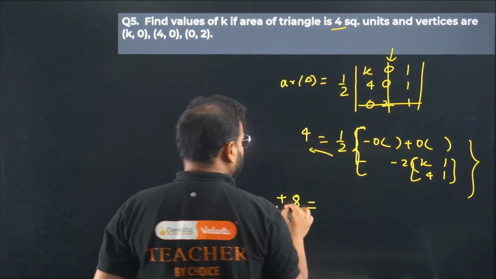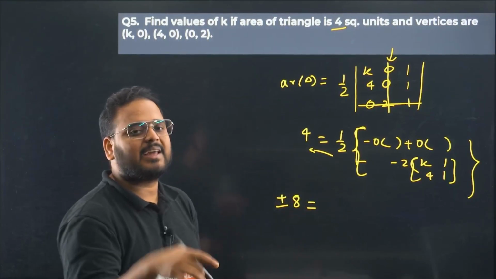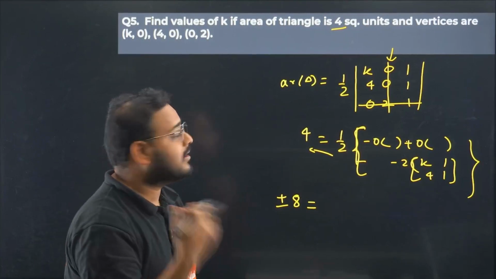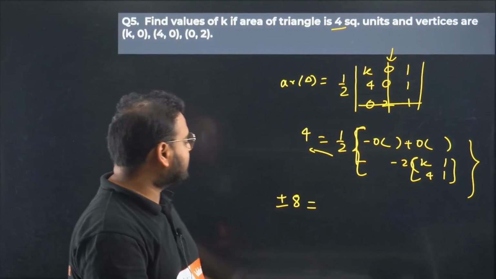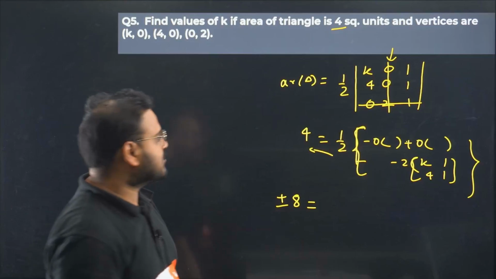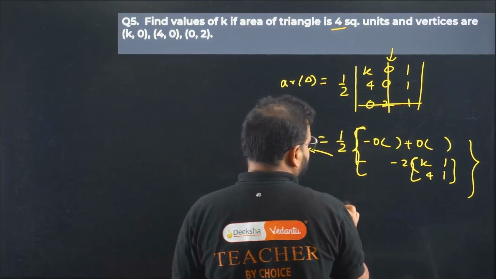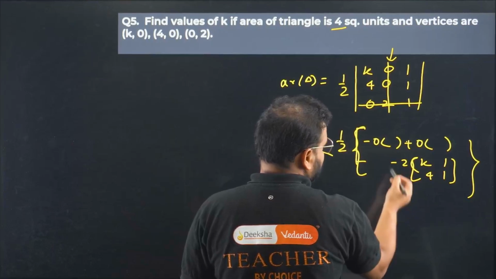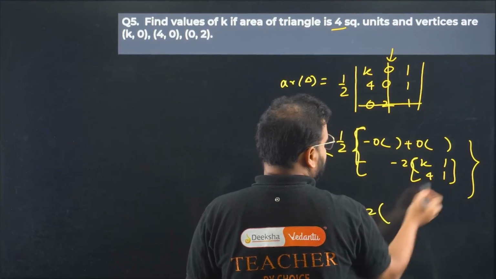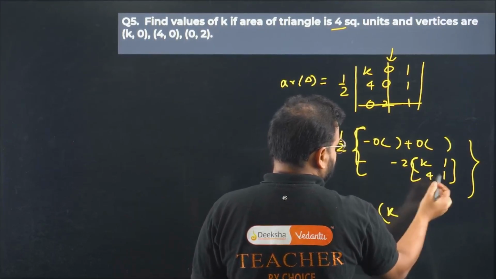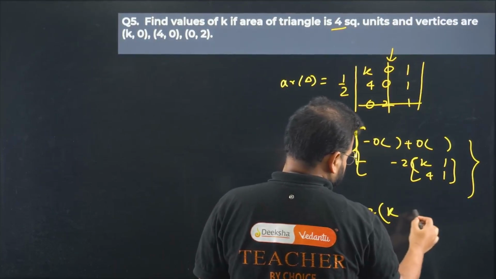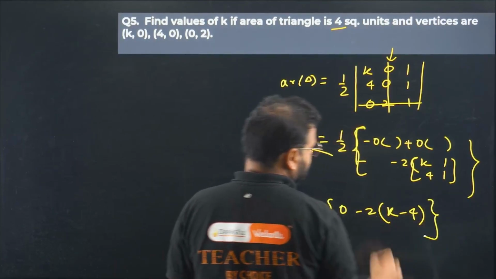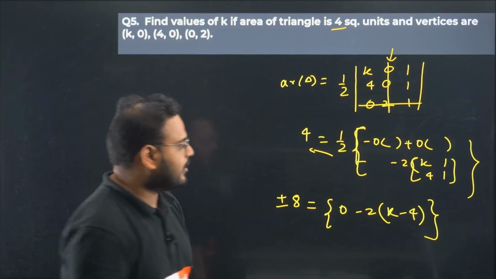So we have both signs possible, because area can never be negative. That's why we have to include both signs in the operation. Now what we are left with is 0, and this becomes minus 2 times K into 1, which is K, and 4 into 1, so K minus 4.